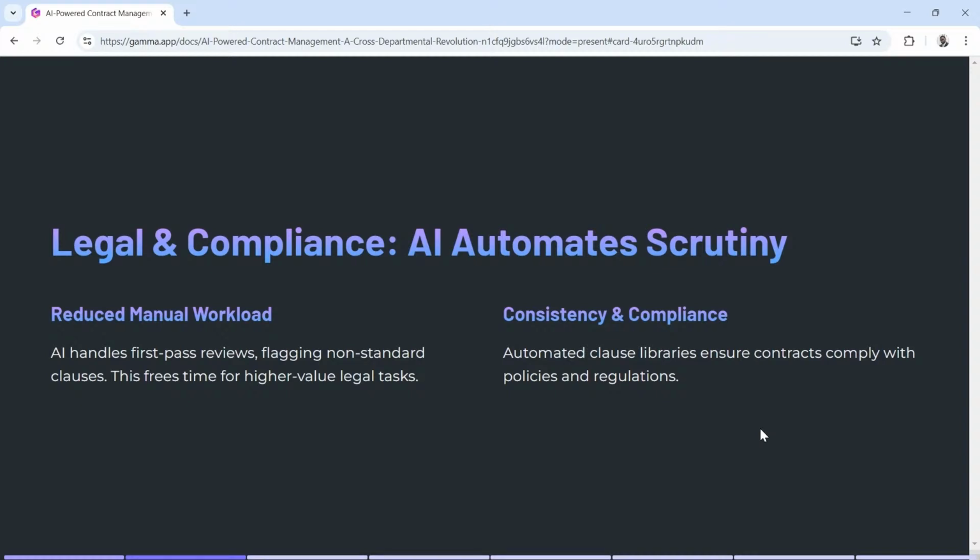Obviously, the legal and compliance team is going to be all over this. For the legal team, we're going to offload a lot of that manual work. For compliance, we're going to be consistent on how we do the compliancy, how we rank the risks. Again, going back to the scenario that I highlighted with the risk level: having a human provide that risk level, we can overcorrect because of recent events.